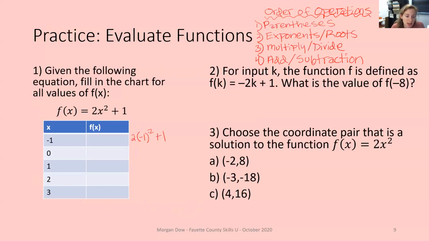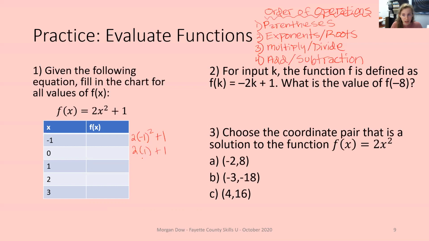The exponent is attached to the number in the parentheses. It's attached to the -1. So first thing I'm going to do is (-1)², which means -1 times -1. -1 times -1 is 1, right? Negative times a negative gives you a positive. So we get 2 times 1 plus 1.